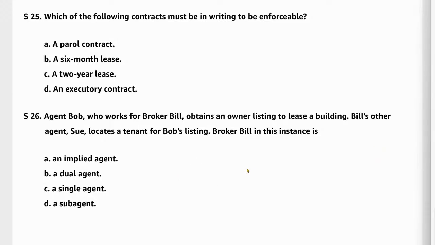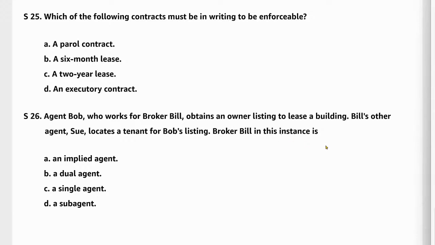So the broker is a dual agent. However, in Texas, we call it what? Intermediary, right? However, on this exam, this is a Texas exam, you're going to have national questions and Texas state questions. So this is like a national question. So Bill is a dual agent.